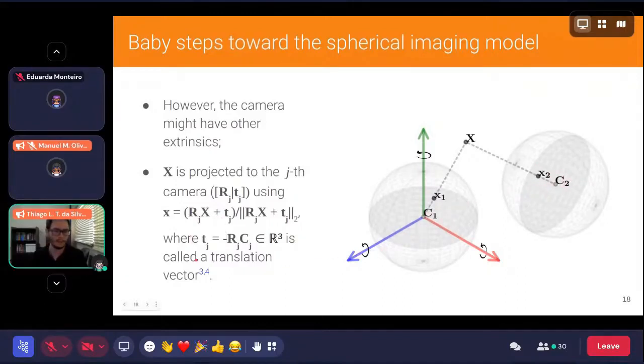Just for the record, we will use this translation vector notation that induces the center of the camera. In terms of representation, we see that this camera is aligned to and centered at the world coordinate system, whereas this other camera is not.